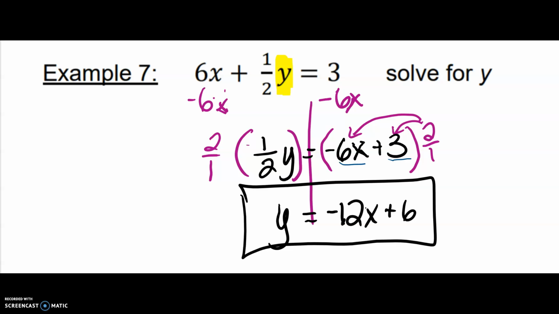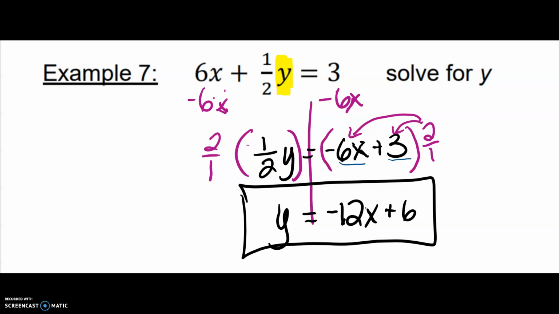Remember, we also talked about how when you're trying to get rid of a fraction, you can multiply by the denominator, and that will get rid of the fraction. So you could have just done that. You could have multiplied by the denominator. That would have gotten rid of the 2 from the bottom here. And then you would have still been left with 1y in this instance because the numerator is a 1.